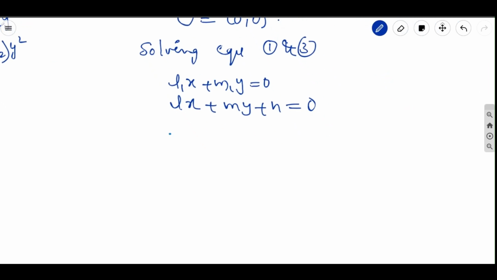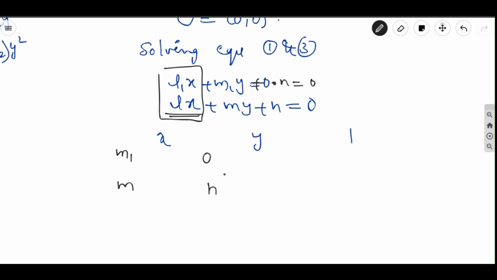Here this is x, this is y, and this is the constant. To eliminate x, the coefficients: 0 into n equals 0. So M1, m, 0, n; the coefficient n is a constant.